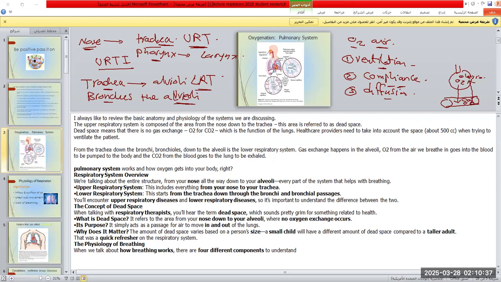So this is diffusion, which is oxygenation. Oxygen will travel from our alveoli into blood vessels, and CO2 will travel from the blood vessels to the alveoli. This is diffusion.